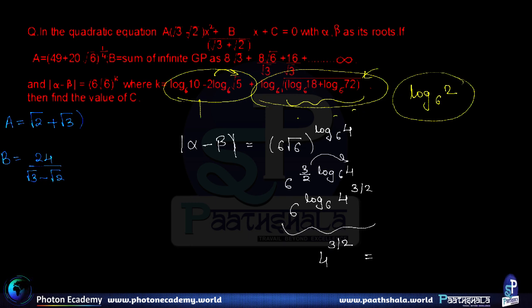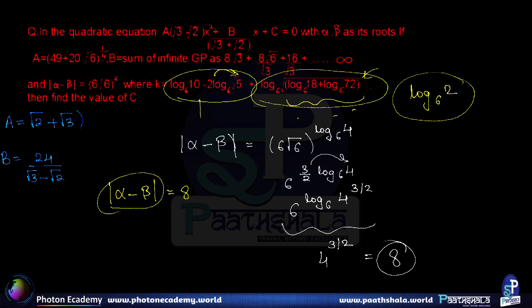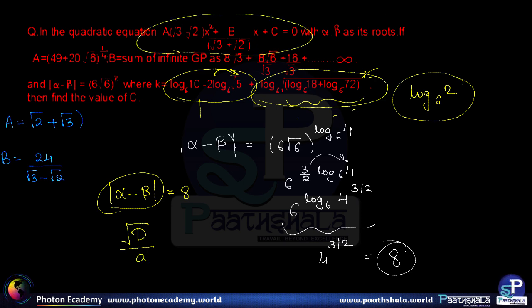So that is basically 8. So mod of alpha minus beta is equal to 8, and we know the formula for the difference of the roots, right? It is root of d upon a of the quadratic equation.